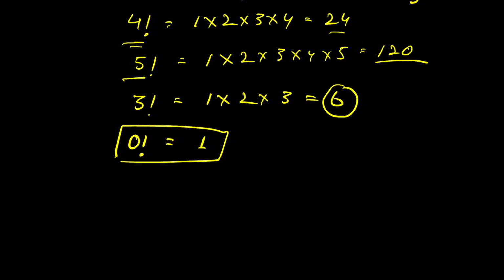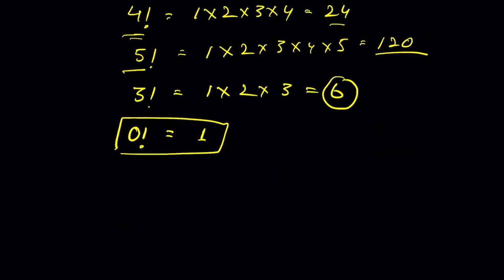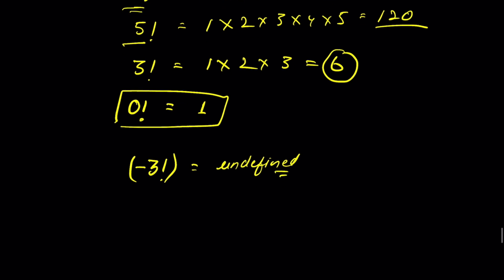So 3 factorial equals 6, and (−3)!, when the minus is inside the bracket, is undefined. Why? Because if you try to define negative 3 factorial, you would need to multiply an infinite descending list of negative numbers which never ends and doesn't produce a meaningful finite value.